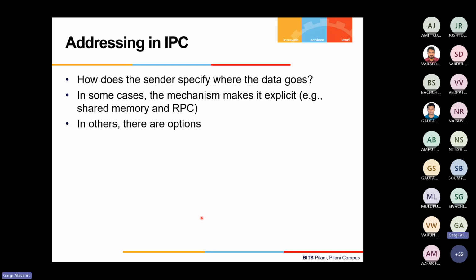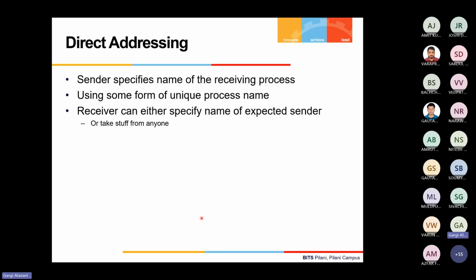For two processes communicating, maybe in a shared memory system or a distributed system, you need addressing, right? You need to specify the sender address and the receiver address. It is very important to know which two processes are communicating. So there are different types of addressing. The first one is direct addressing.